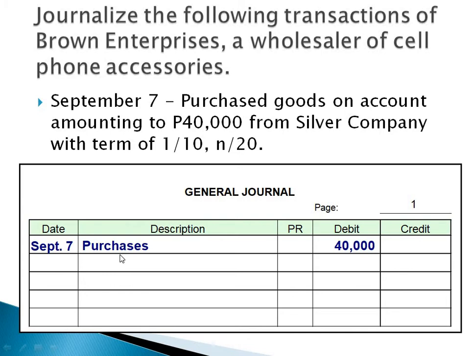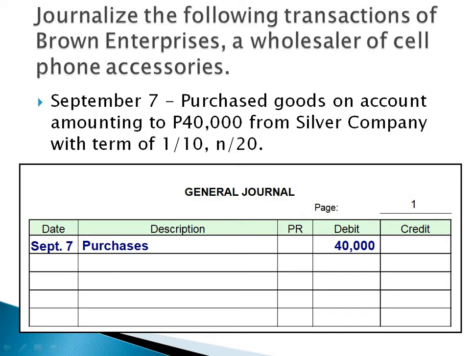At this point, let me remind you of what I mentioned in part 1 of this lecture series. We should only use the account title purchases as well as purchase returns and allowances, purchase discounts, sales, sales returns and allowances, sales discounts, freight in and freight out when the item concerns merchandise inventory, not any other asset.